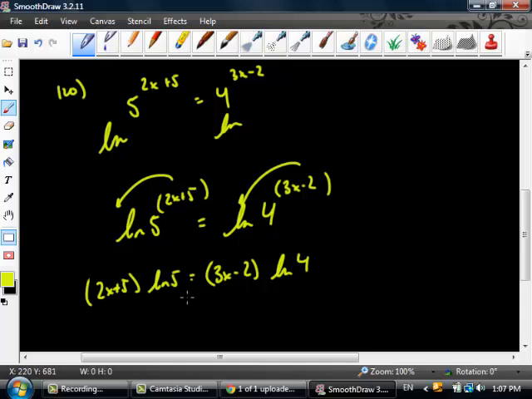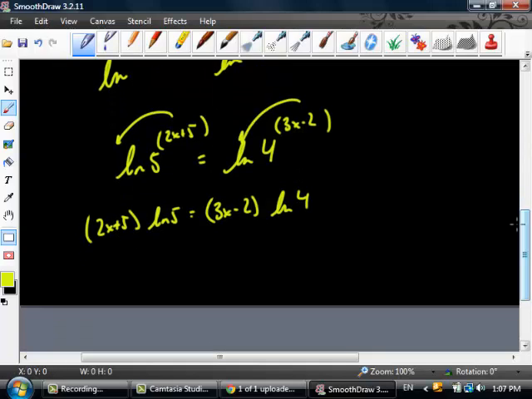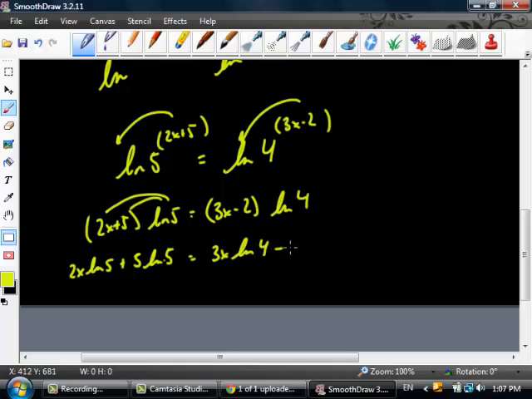Sorry. Thank you. So far, so good? Now we're going to go and distribute this in. So what I end up with is 2x ln 5 plus 5 ln 5 equals 3x ln 4 minus 2 ln 4. So now I'm going to go ahead and move this thing over.